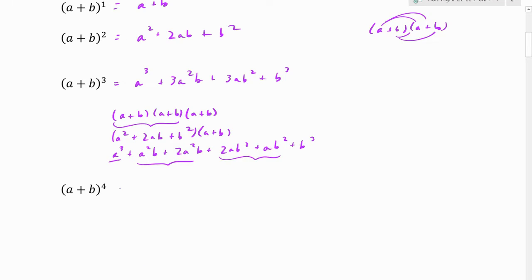All right, if we want a plus b to the 4th, okay, then let's think of it this way. That's that times this. So we'll take what we just found. Times it again.